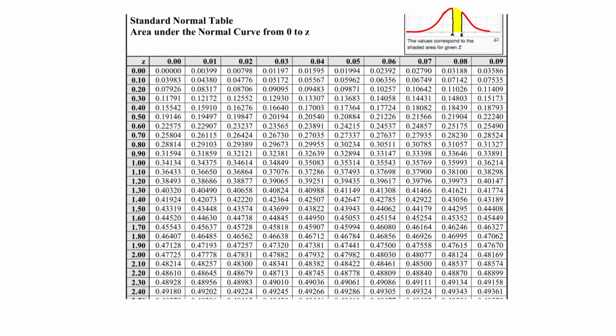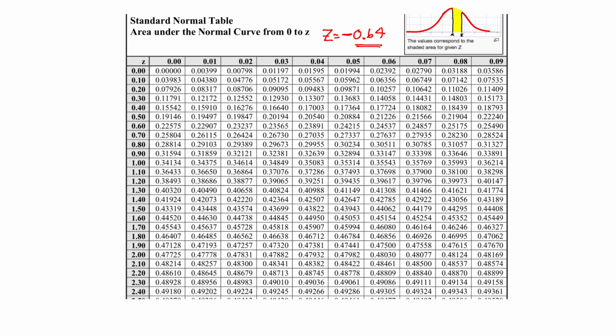So we have negative 0.64. So we're going to look for z equal negative 0.64. And we know from using this chart that there's no negative values for z. We look for the positive value because of symmetry.